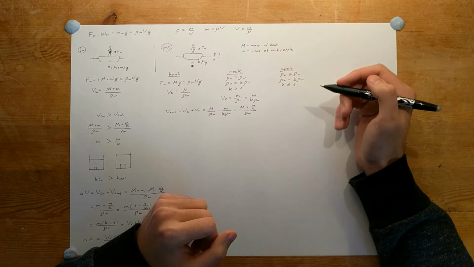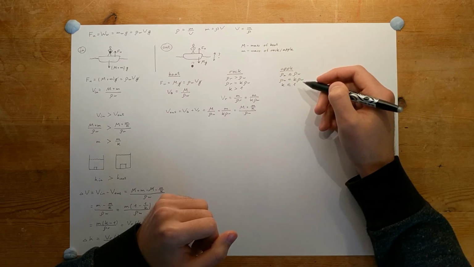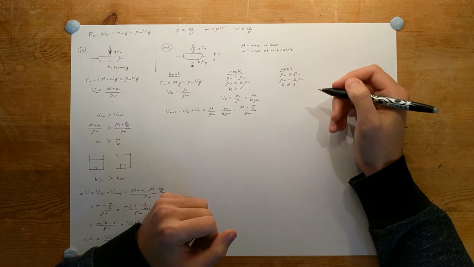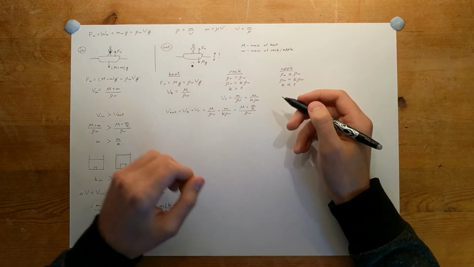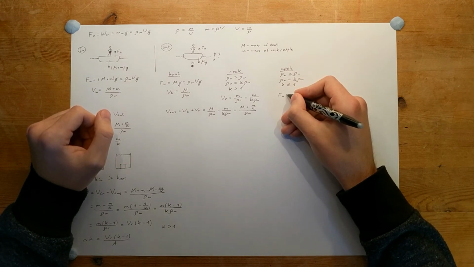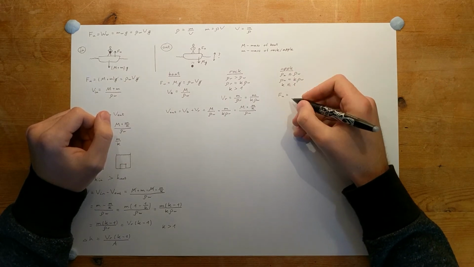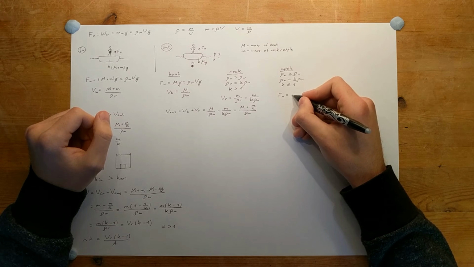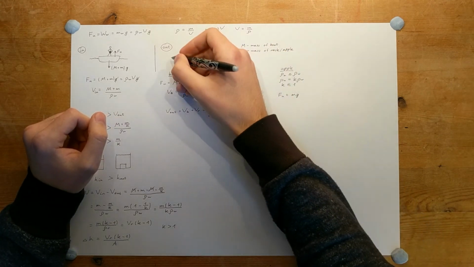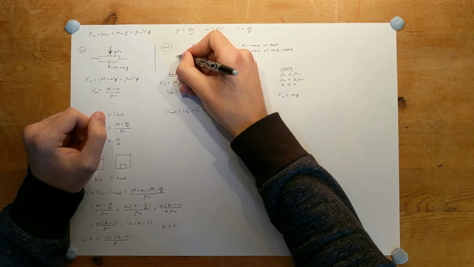So we know that any object which has density less than or equal to the water's density will float, and therefore we can use this formula again. So the upthrust is equal to the mass of an object times g, so its weight. So let's draw an apple here.